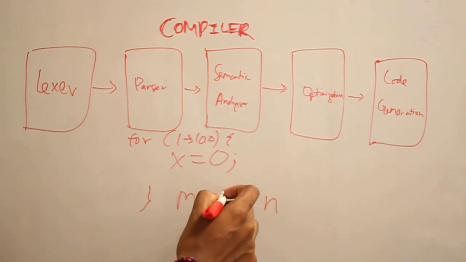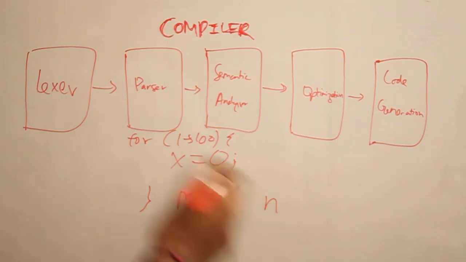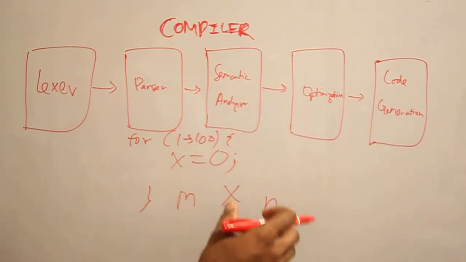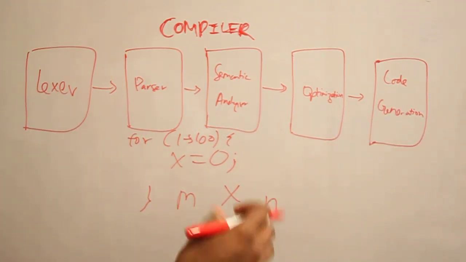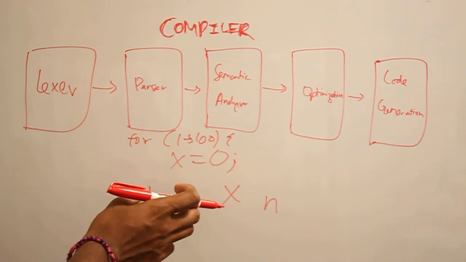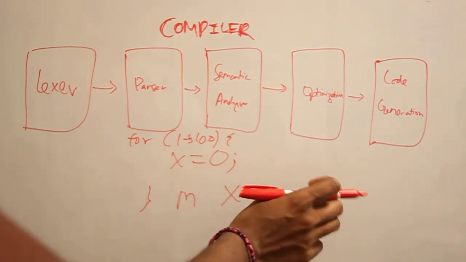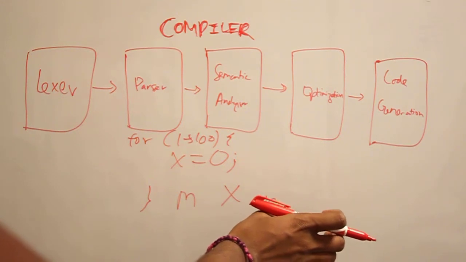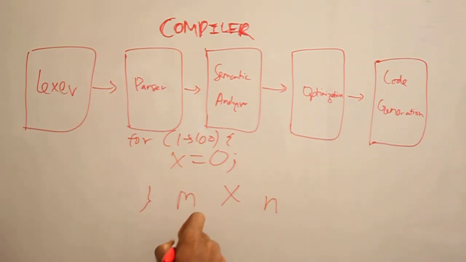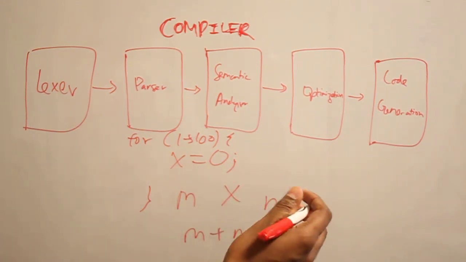The number of compilers you would have to write, if you wrote one big one for each, would be m times n. But if you translated these m languages into some intermediate language, and then translated that intermediate language to n different architectures, you'd only have to write m plus n pieces, which saves you a lot of time.